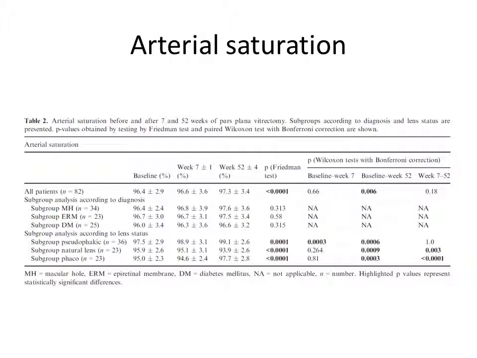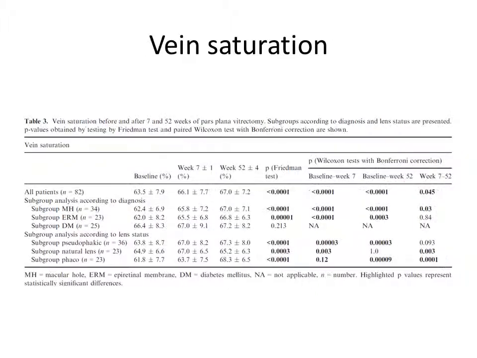It's a little bit strange, of course, because this change, even if it has been described by the Singapore colleagues, is very difficult to explain, and I think that we can move to vein saturation where the situation is much clearer.